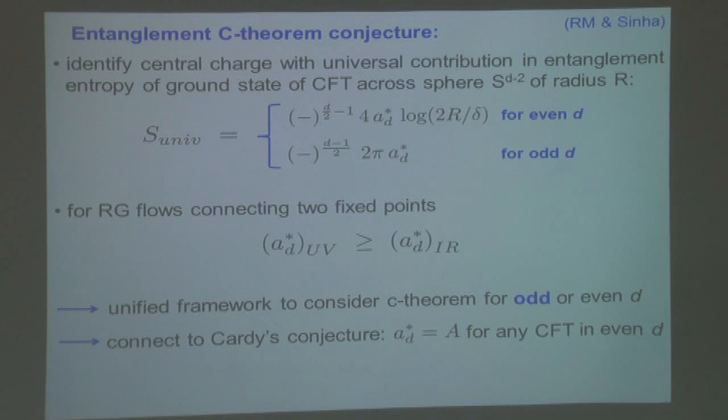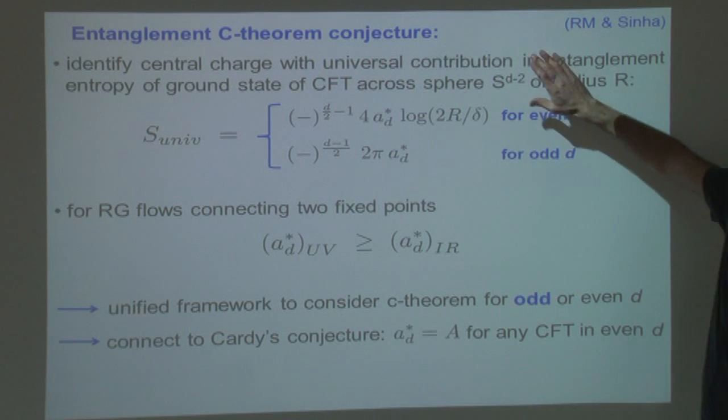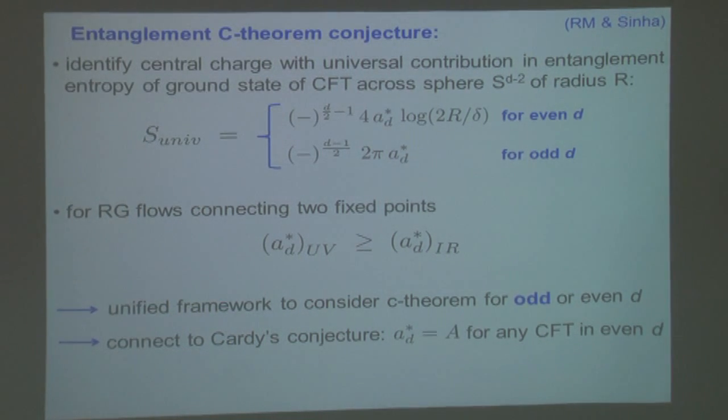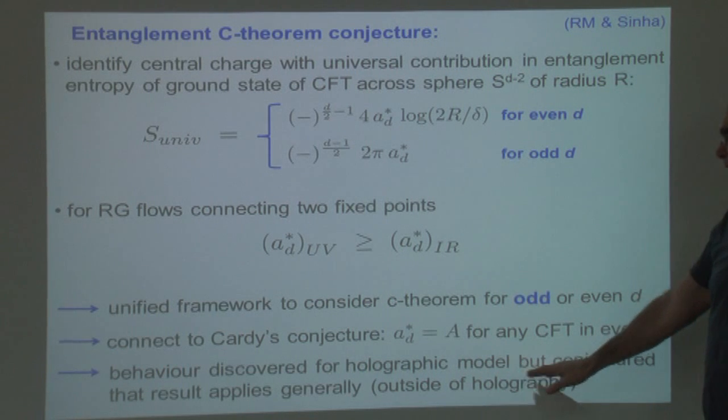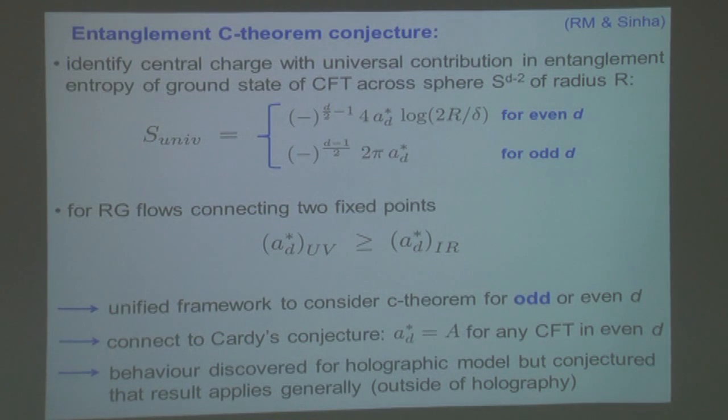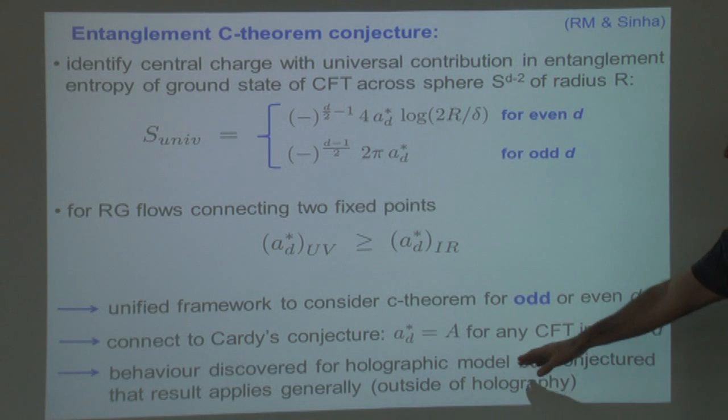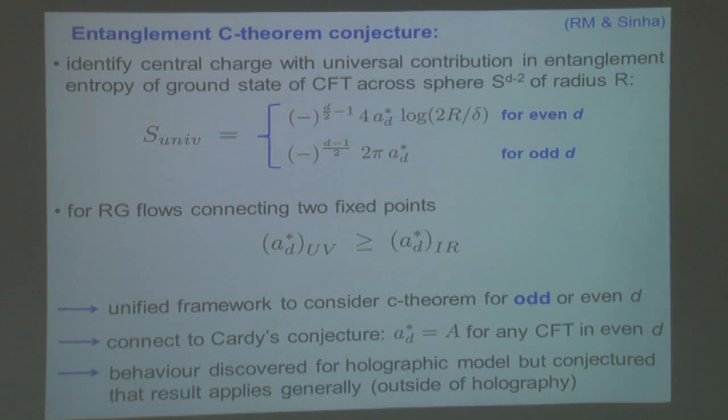So it's not really new, but it's giving a new perspective on that conjecture, in that we're talking about it in terms of entanglement entropy. And, perhaps being bold or foolhardy, although we discovered it in the holographic context, what we conjectured is that this kind of flow or this inequality should apply generally, outside of holography.